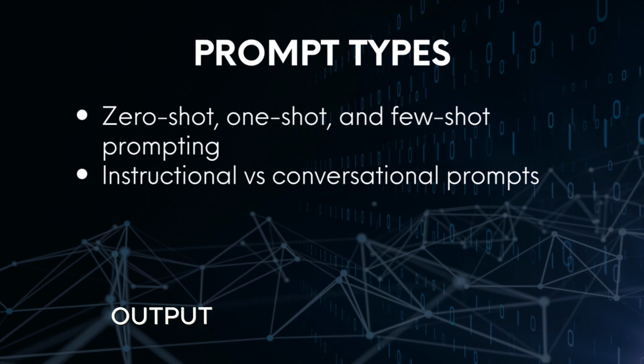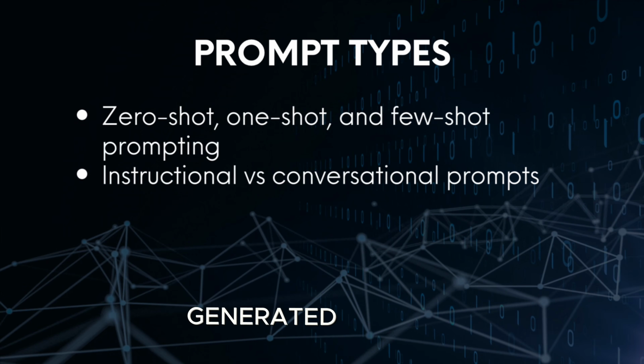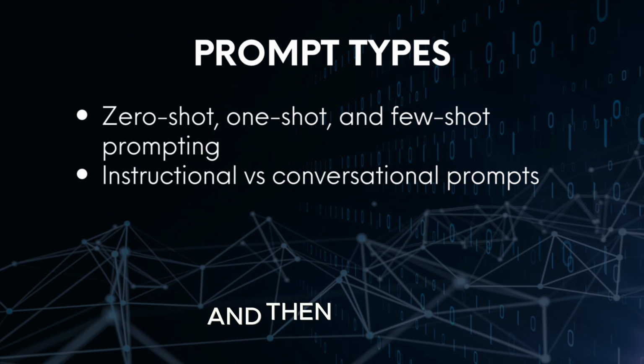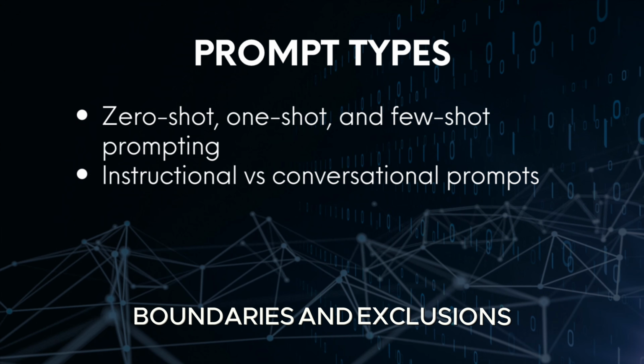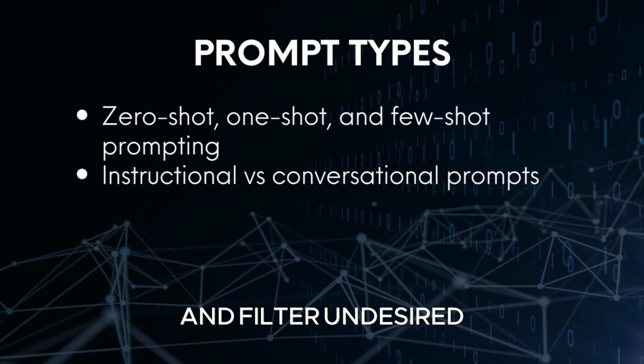And then the output refinement techniques are iterative refinement techniques that improve AI-generated outputs through targeted feedback and progressive adjustments. And then finally, constraint techniques and negative prompting affect the AI output by defining boundaries and exclusions, which makes the output adhere to guidelines and filter undesired responses.